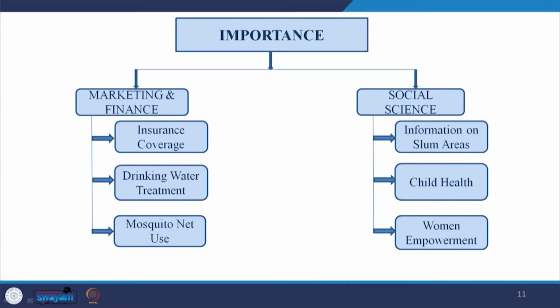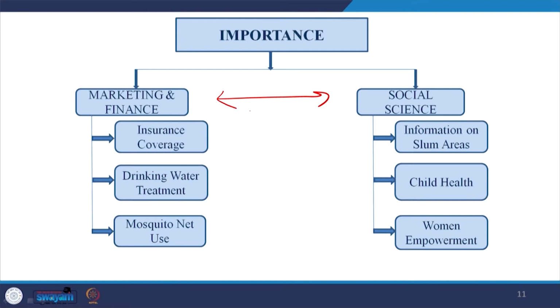Mosquito net, so far as marketing is concerned, how many are actually using mosquito nets, and what kind of mosquito related diseases are there in the country. So, even the morbidity profiles are clearly given in the database. So, therefore, it is quite important. So far as social science is concerned, I think you should not look at it in isolation.